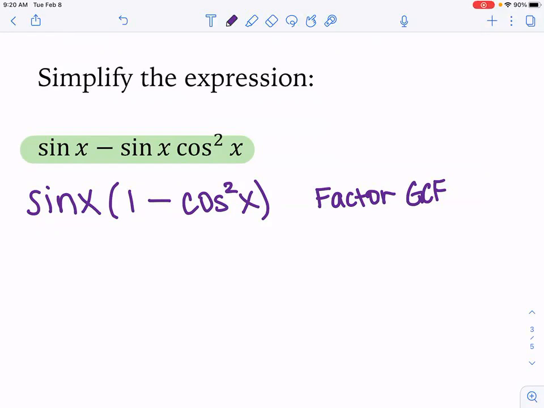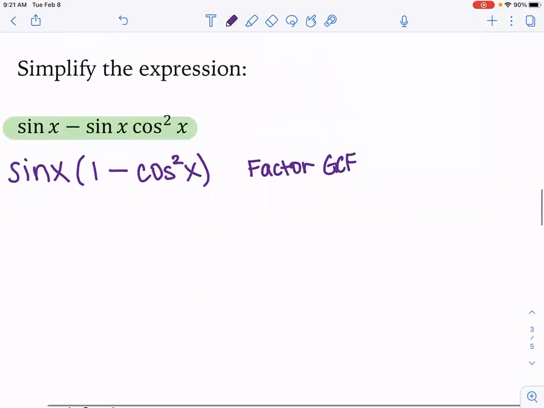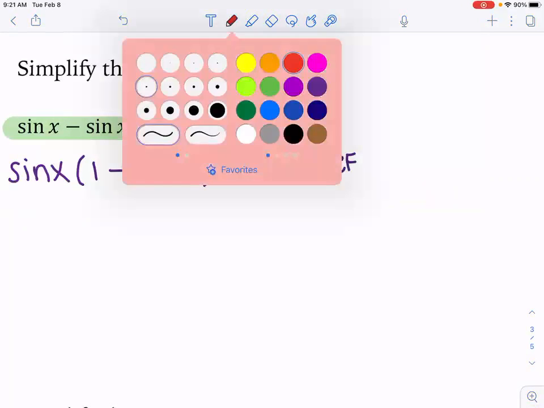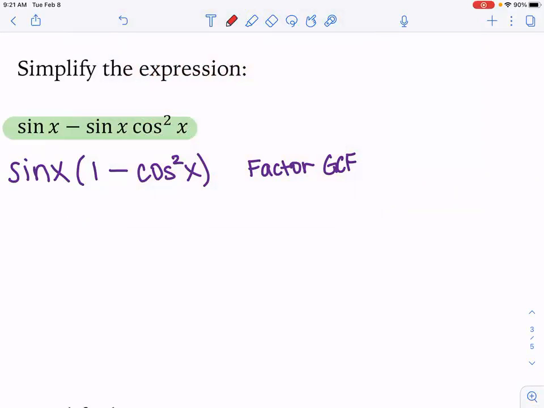1 minus cosine squared x. Guess what? We can replace that with something. Do we have an identity that involves cosine squared? Yeah. We have this Pythagorean identity, sine squared plus cosine squared equals 1. We can rearrange this.